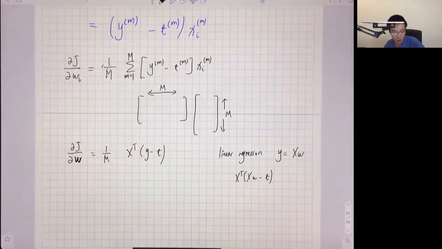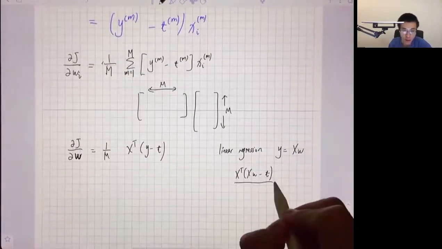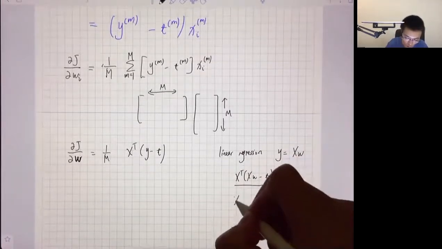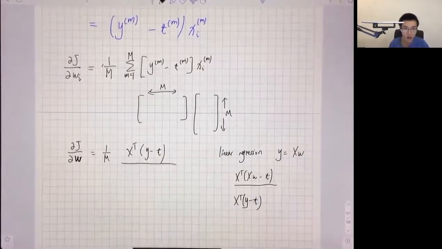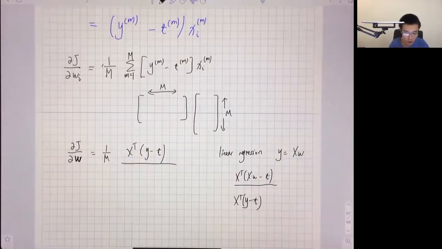So it turns out that logistic regression actually has the same form as linear regression, okay? So in linear regression, I can also represent it by Y minus T, okay? It's the same thing here. Depending on whether you are taking the mean square error or the sum of the square error, the constant is not important. If you are consistent between both, then you will get the same thing.